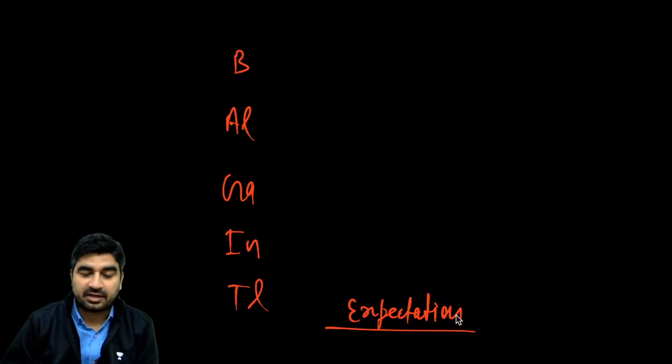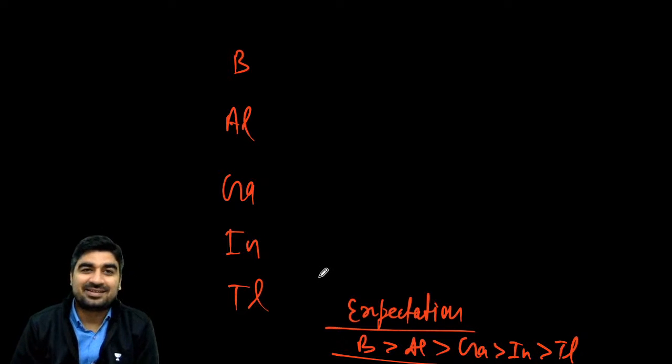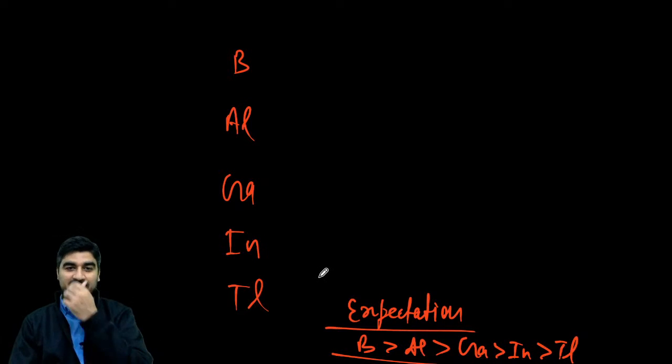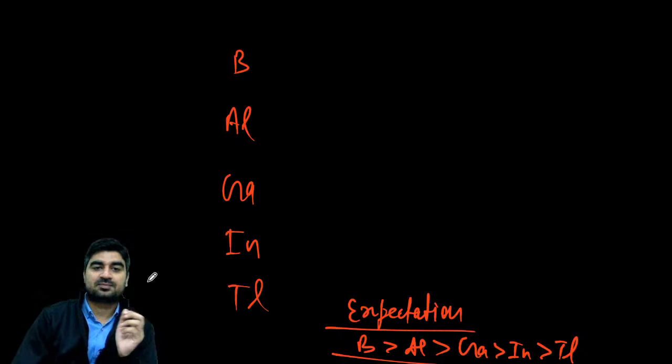The expectation should be like this: B, then aluminium, gallium, indium, and thallium. But reality is different. So in reality, what is the order? Is there anyone who remembers this order?